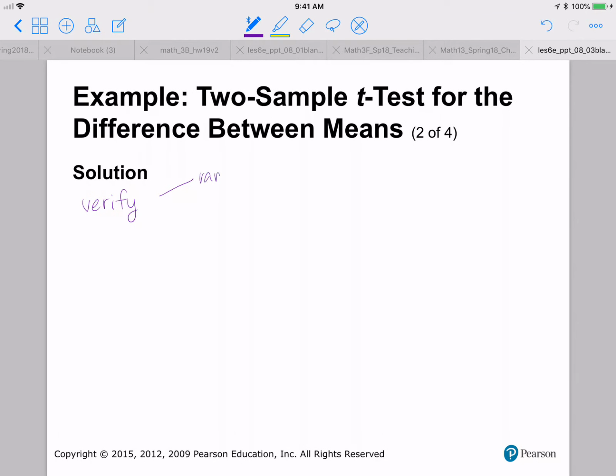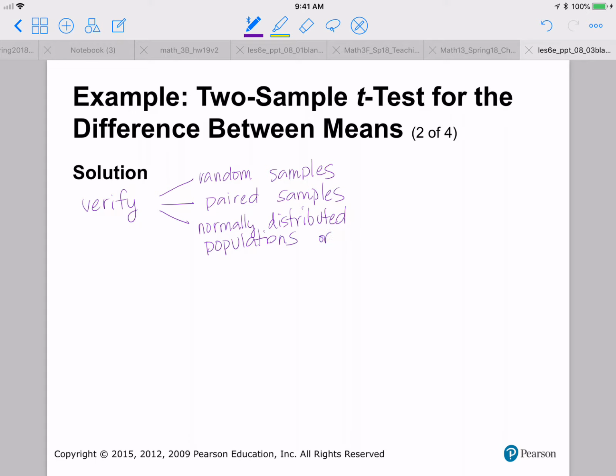So random samples, paired samples, and then normally distributed populations, or n is greater than or equal to 30. Okay, so that's the first thing we want to do, is to verify that.